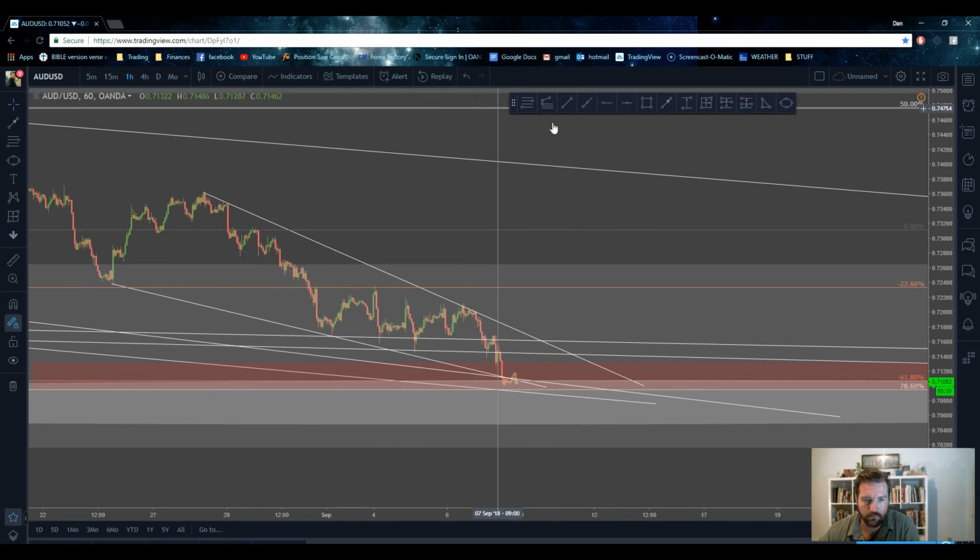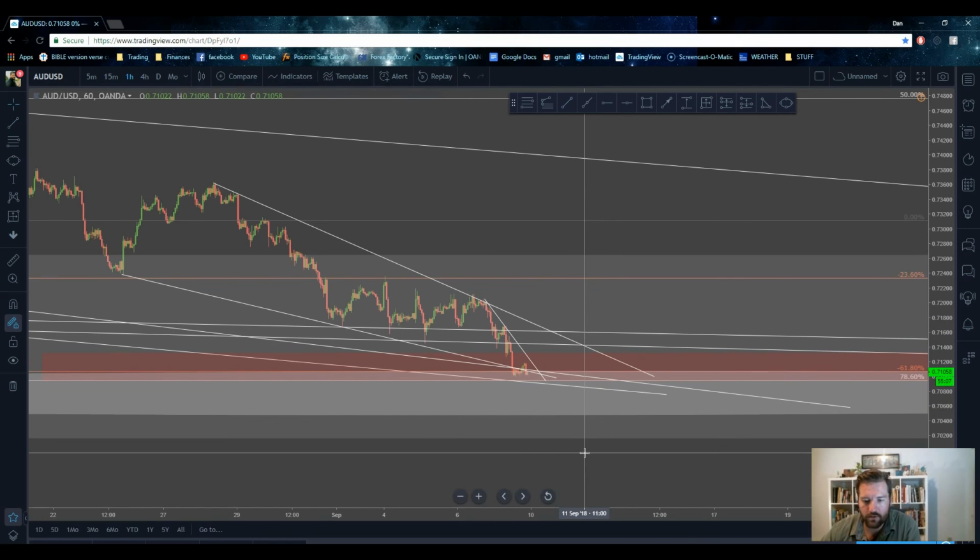Well, I guess technically a really lower time frame, or really immediate, this would be it. So if this breaks and then maybe breaks this trend line, gets back up above here, that's only 45 pips away. If we start breaking this trend line, that might be your confirmation to enter.